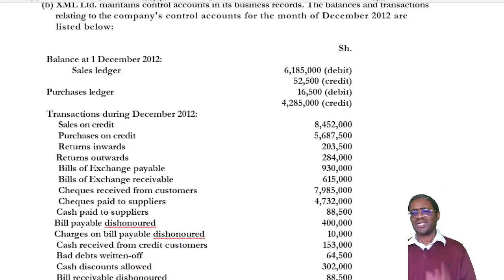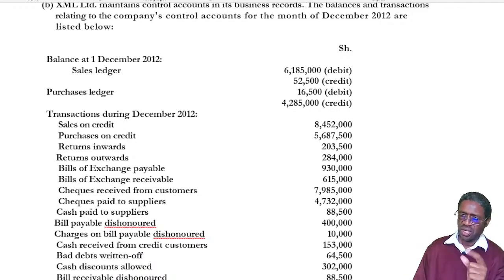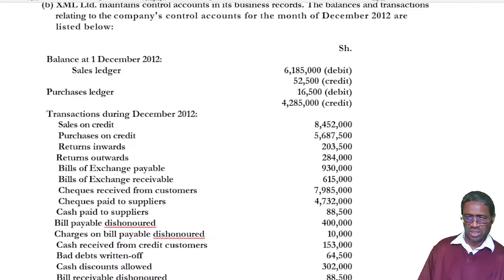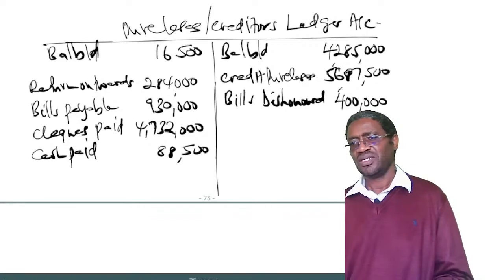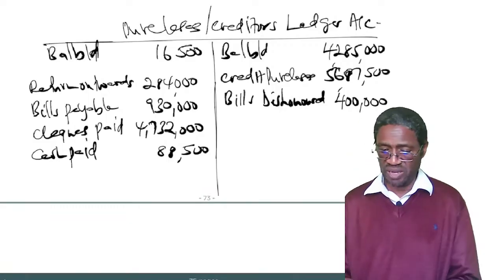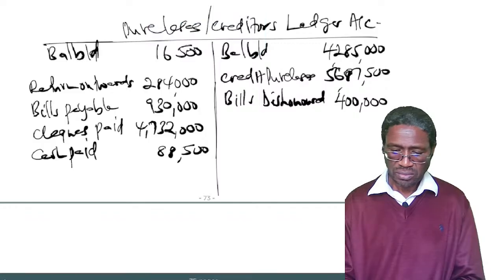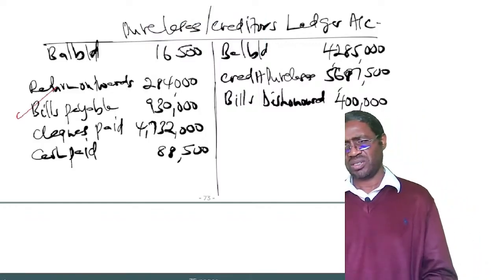Charges on the bill payable dishonored. Listen, we paid the supplier by a bill, on the debit here. That bill has become dishonored.